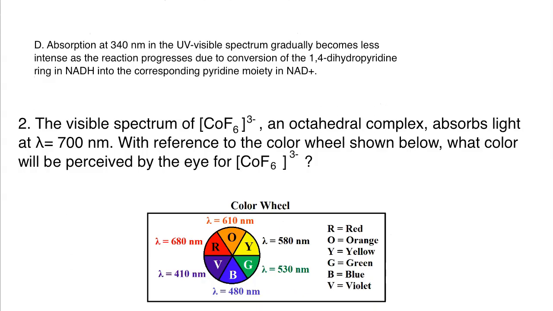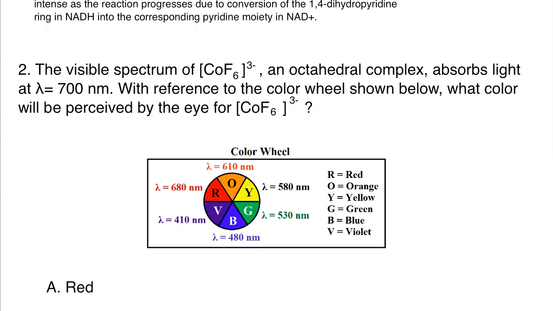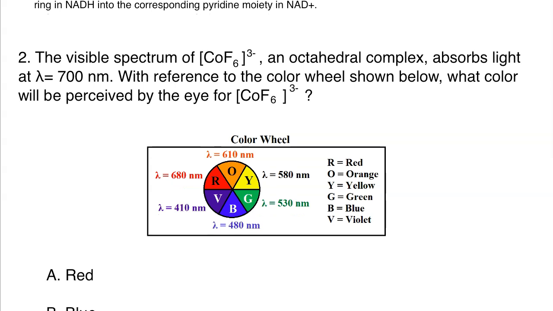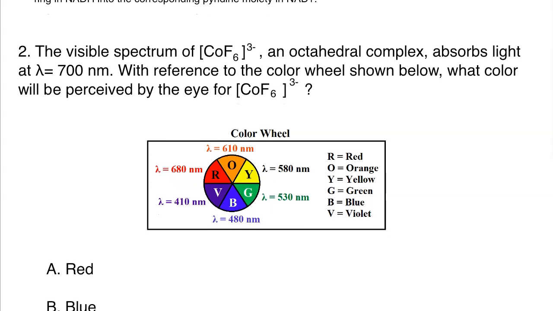All right. Number 2, the visible spectrum of cobalt hexafluoride 3-, the ion, an octahedral complex, absorbs light at lambda equals 700 nanometers. With reference to the color wheel shown below, what color will be perceived by the eye for this structure?